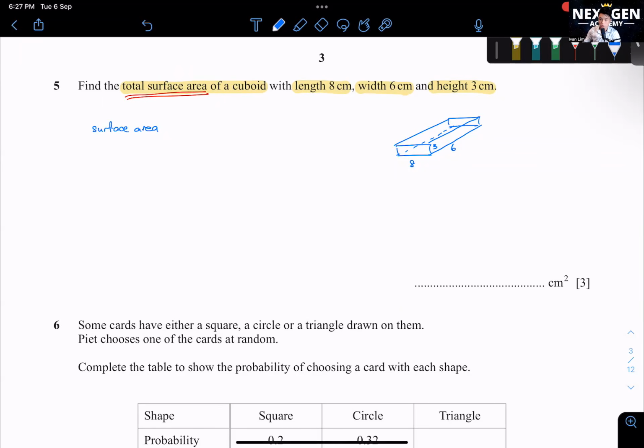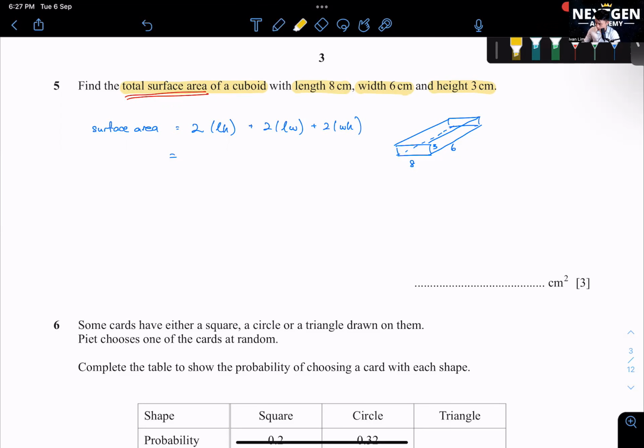So y'all can see what Crystal wrote. If y'all don't understand the working, you can use 2 times length height plus 2 times length width plus 2 times width height. All understand?